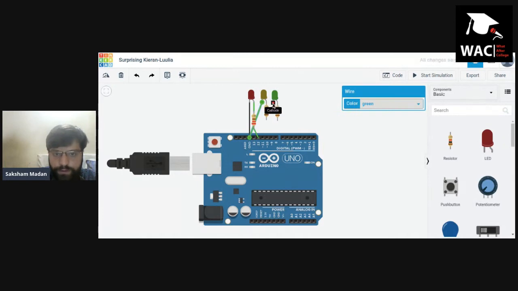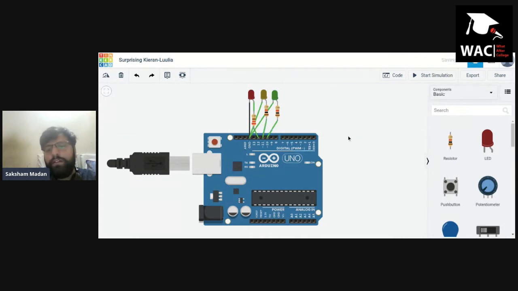Ground, common grounds, and I have connected the yellow to the 11th pin and green to the 10th pin.